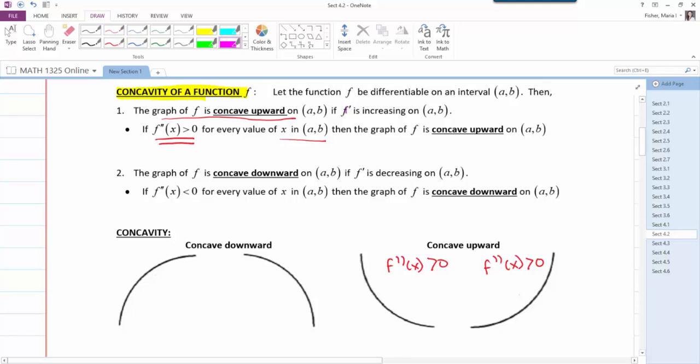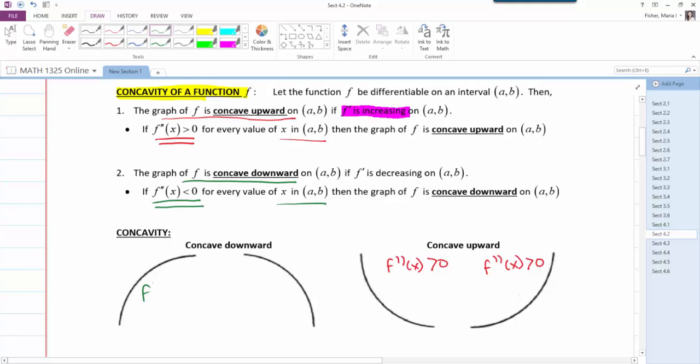This also said, and I skipped over it, that f prime of x would be increasing. Well, that makes sense because if the second derivative is greater than 0, then that means that the first derivative should be increasing on that interval. We also note that the graph of f is concave downward if the second derivative is less than 0 for every x in AB.